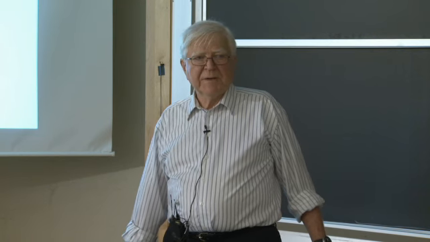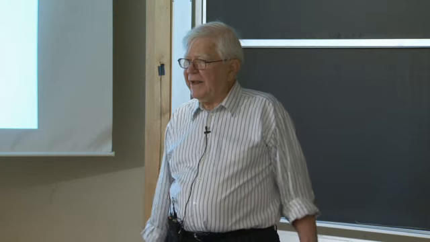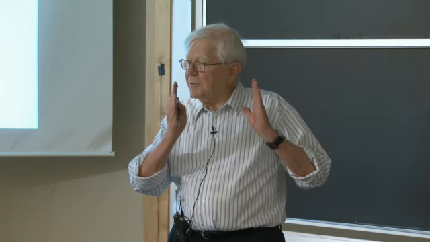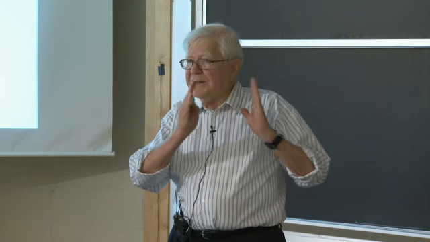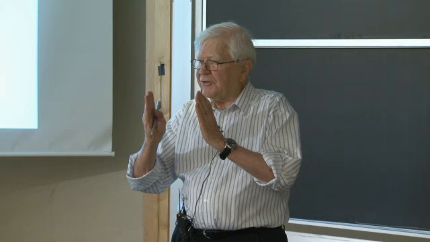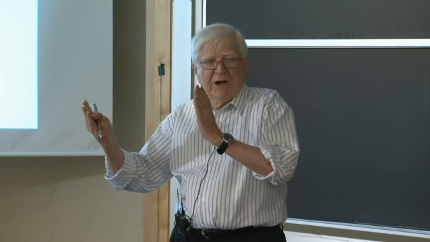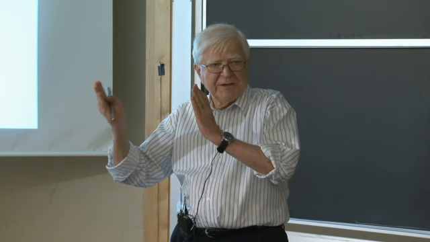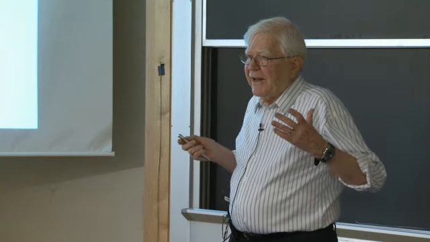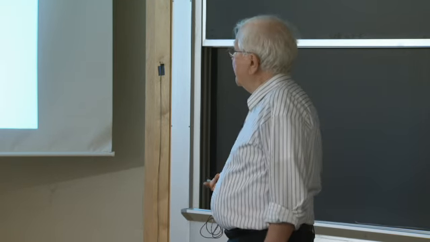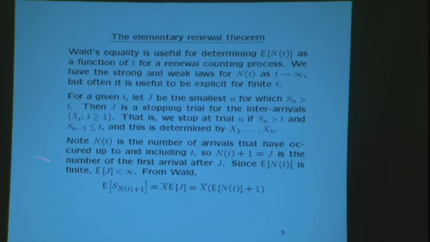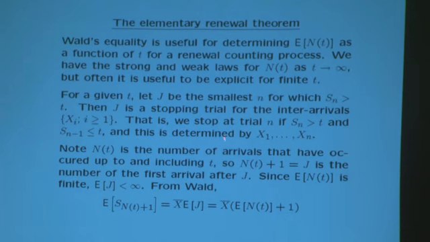You have to be able to determine that just from what you've seen up until the present. But when you see that last arrival, there's no way you know that it's the last arrival less than t, unless you see the arrival after that also, to see whether that's greater than t. So the only way you can define a stopping trial of this form is to define the stopping trial not at N of t, but at N of t plus 1.